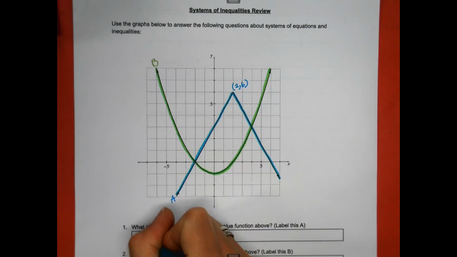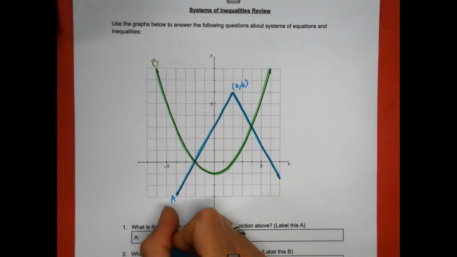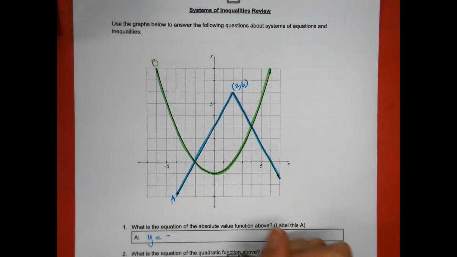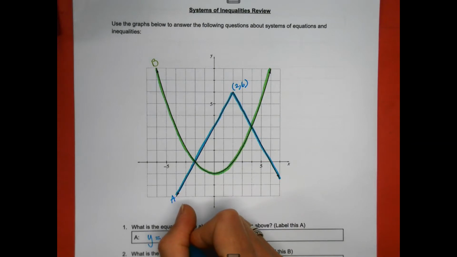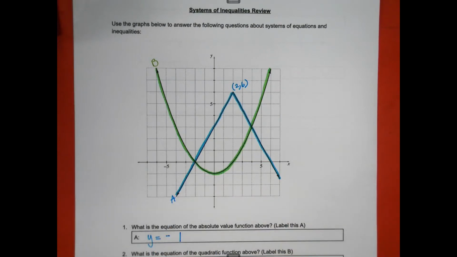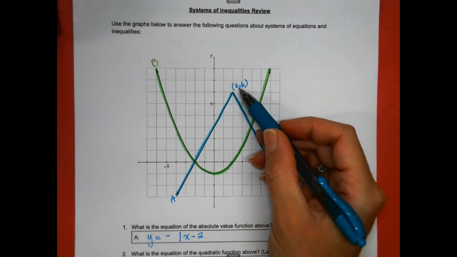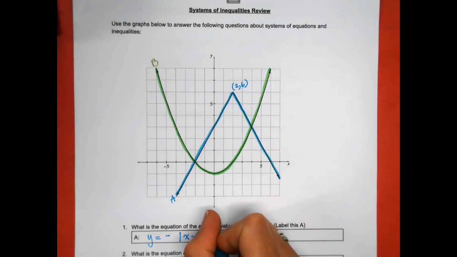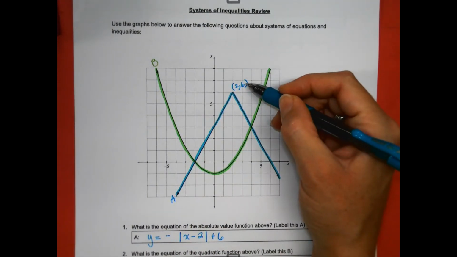This absolute value graph is opening downwards, so we know it's negative. And then we'll talk about a in a second, but this is going to be the absolute value of x minus 2 because our h here is a +2. And then +6 since our k is +6.